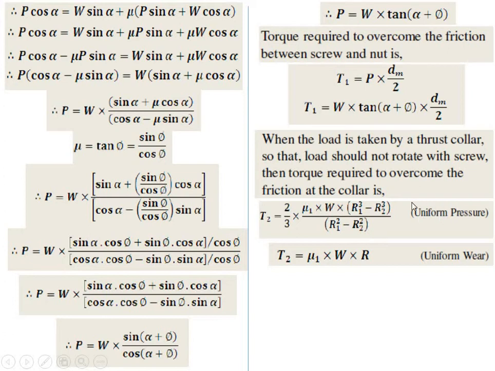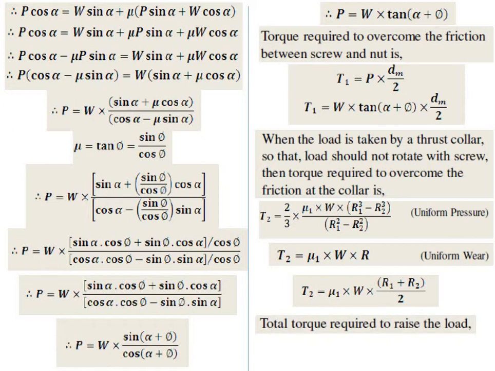So according to the uniform pressure theory, we can use this formula, and according to the uniform wear theory, we can use this formula, that is T2 is equal to mu1 into W into R. R is the mean radius, R1 plus R2 by 2, where R1 is the inside radius and R2 is the outside radius of that particular collar.